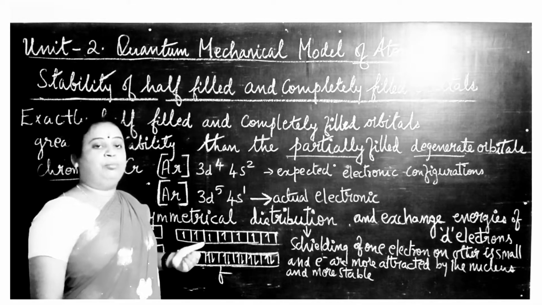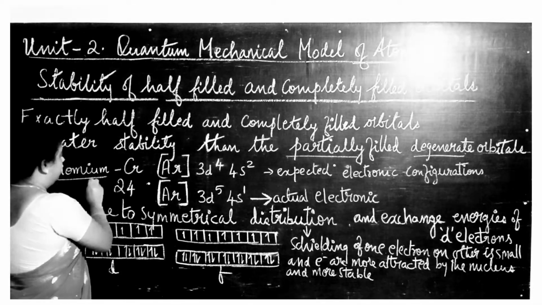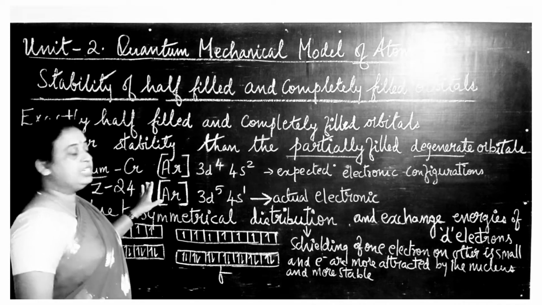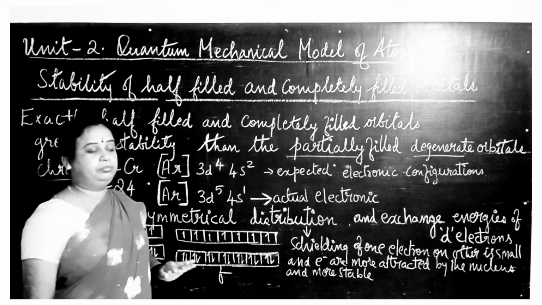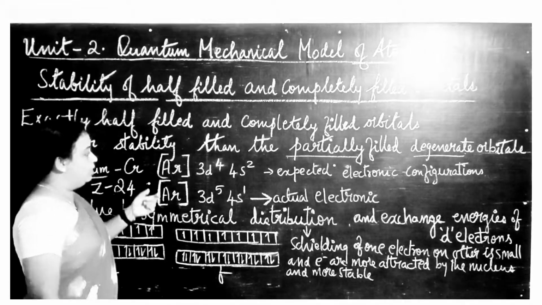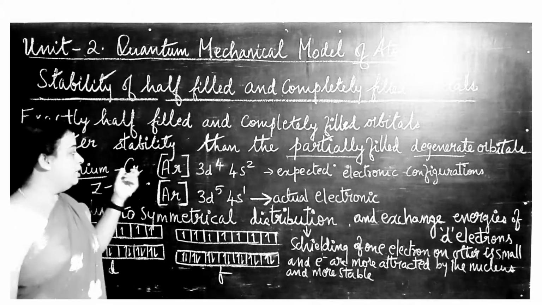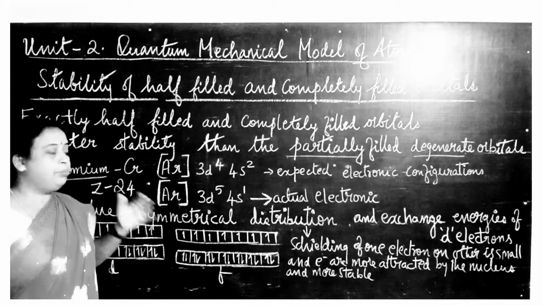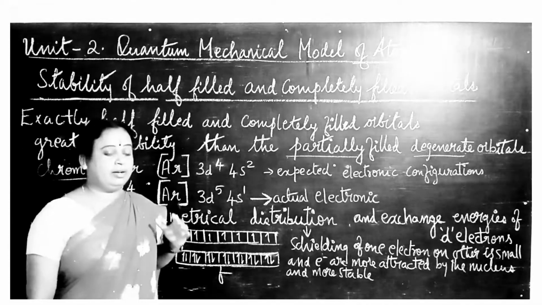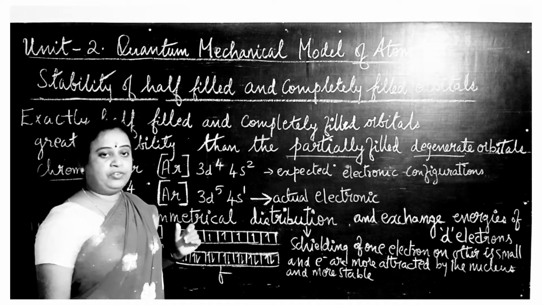Taking the example of chromium, the atomic number is 24. Its electronic configuration can be written like this: argon 3d4 4s2. So this is the expected configuration of chromium, but that is not the correct electronic configuration.